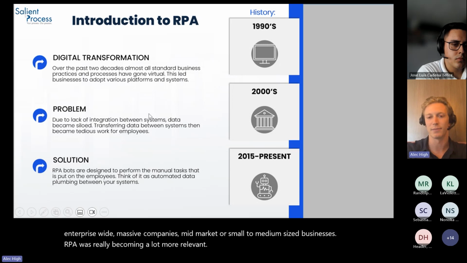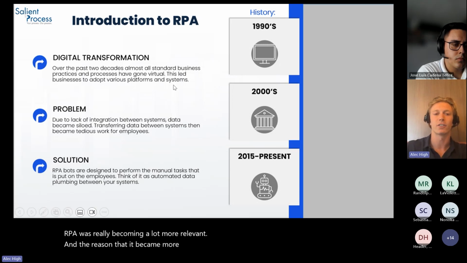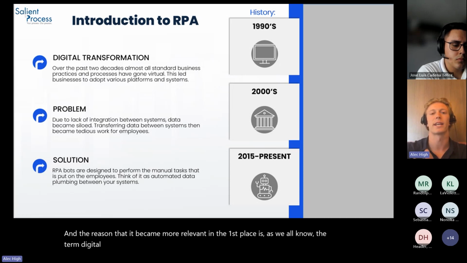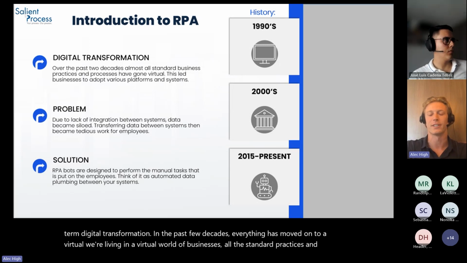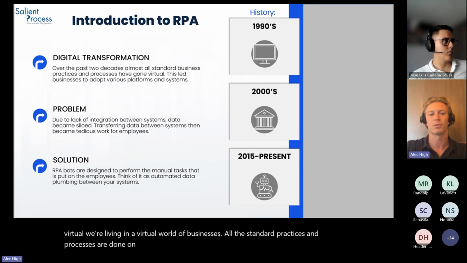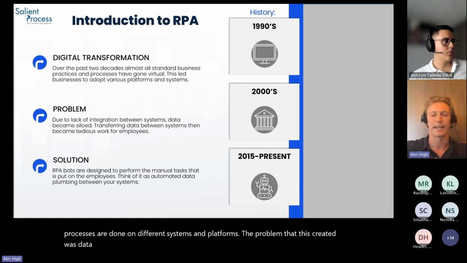And the reason that it became more relevant in the first place is, as we all know, the term digital transformation. In the past few decades, we're living in a virtual world of businesses. All the standard practices and processes are done on different systems and platforms. The problem that this created was data became siloed, and it was very difficult to move data between these different platforms and systems.